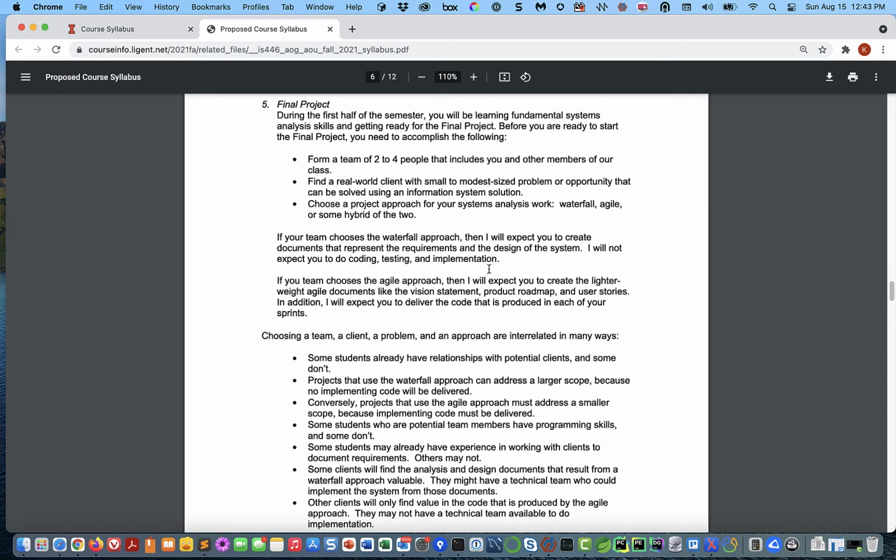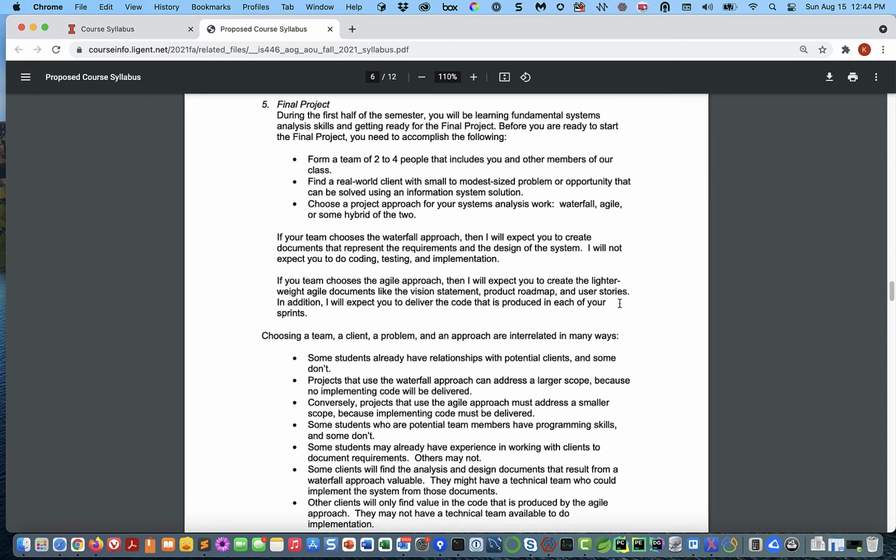So what you're going to create, is it just going to be documents, or is it going to be documents and software? It's going to depend on the approach that your team takes to the project.